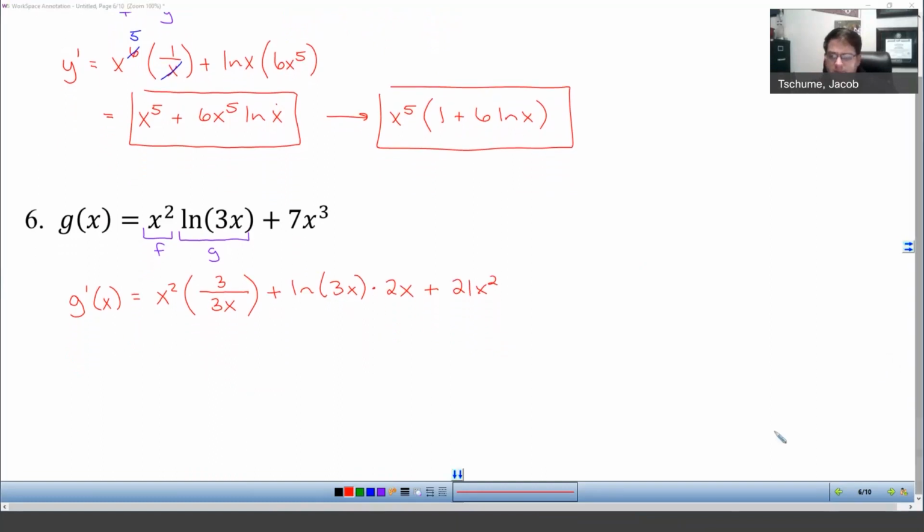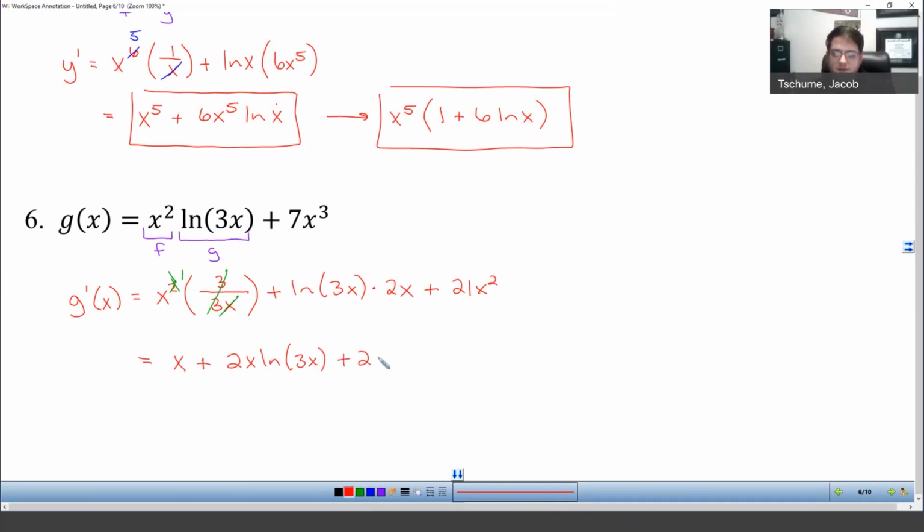Now, to clean this up a bit, if possible, let's see what we can do here. First thing, the 3's cancel, so that's really nice. This x squared multiplied by the x on the bottom: this x cancels one of these x's to leave you with just a first power. So that just gives you an x plus, if I brought this 2x to the front, that would be 2x times the natural log of 3x.